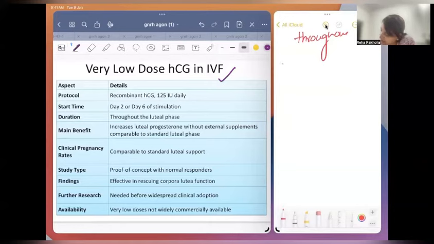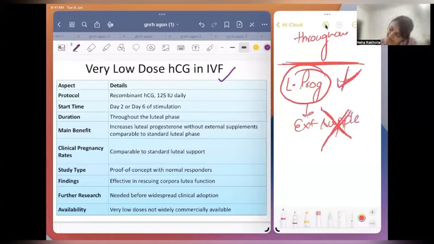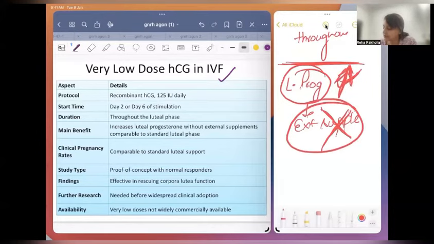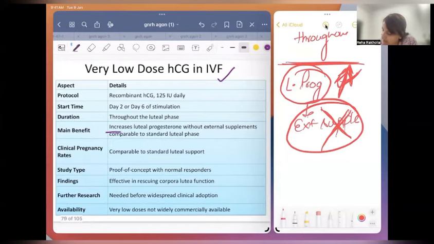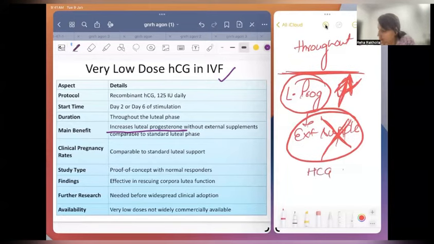What is the main benefit? It increases luteal progesterone without external supplementation. We don't have to externally supplement the progesterone. It increases luteal progesterone compared to the standard luteal phase, because we are giving small doses of HCG, 125.